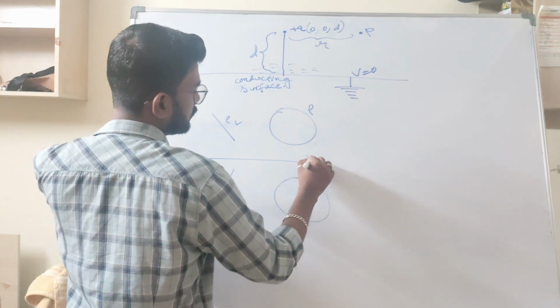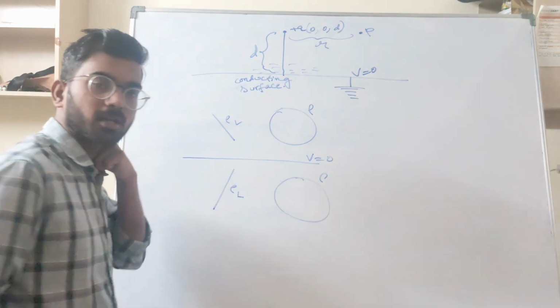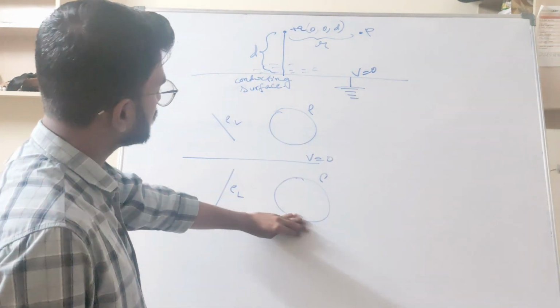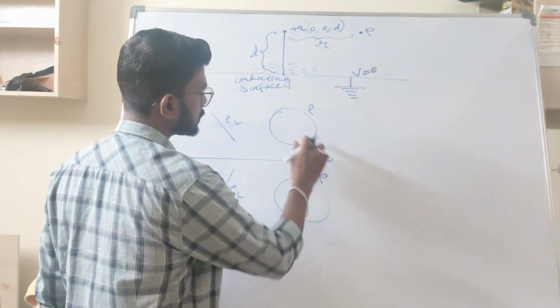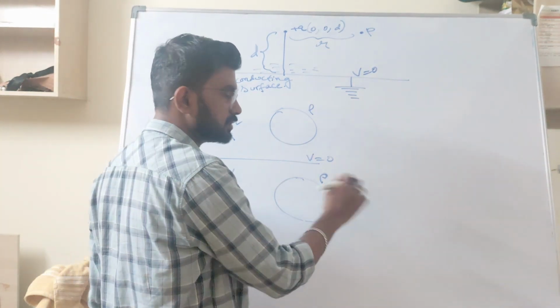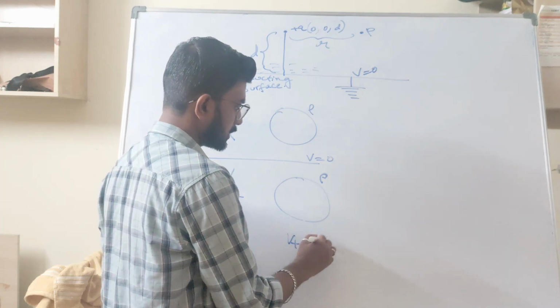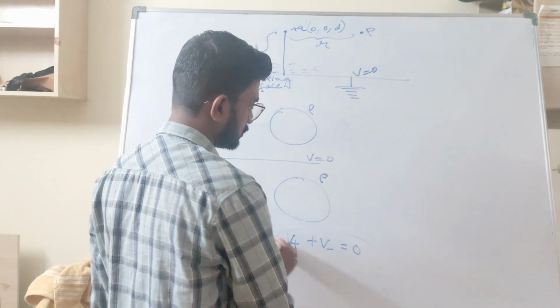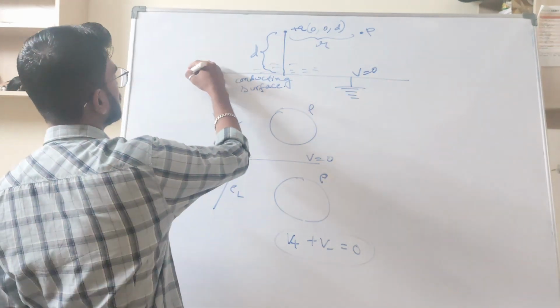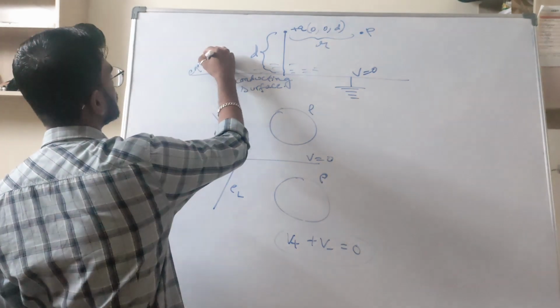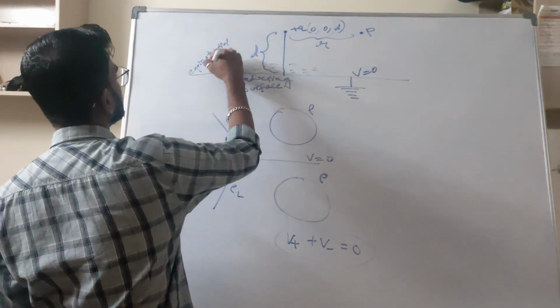So here V is equal to 0. Correct? You will draw the image for this, and you can apply the potential due to plus q and minus q is equal to 0. Potential due to plus plus potential due to minus is equal to 0. You are applying the equipotential surface here. This is known as equipotential surface.